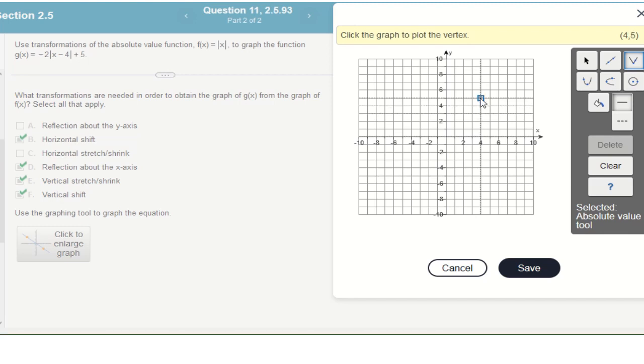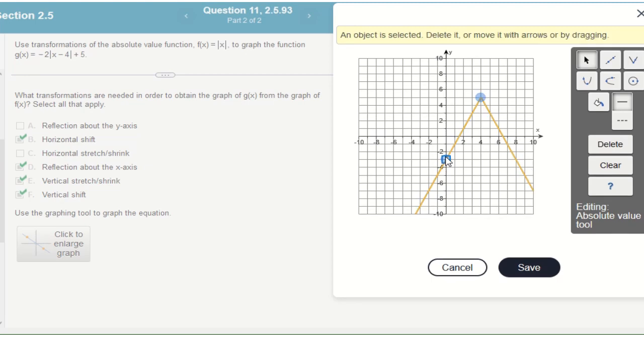So I'm plugging x in g of x. Click on the mouse. Now we need another point. Let's take when x is 0. So we have negative 2 times 4, that's negative 8, plus 5, that's negative 3. So we have 0 and negative 3. That's my other point.